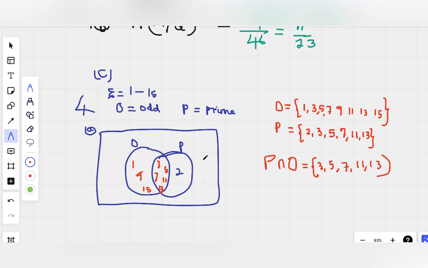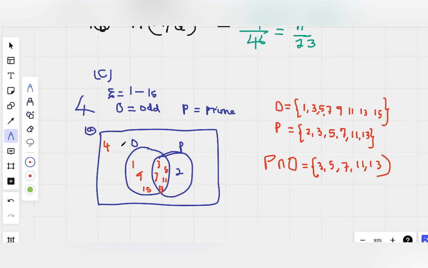Then all the other numbers from 1 to 15 will be outside. Like most of the even numbers, apart from 2. So starting from 4, 4 will be outside because it's not in O and it's not in P, since we said numbers 1 to 15. So we've not used 4, 6, 8, 10, 12, or 14.